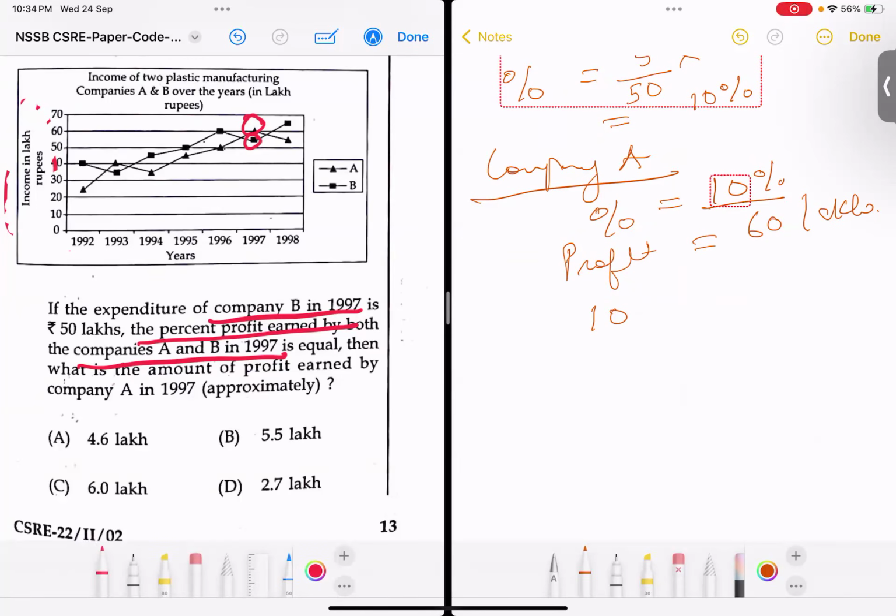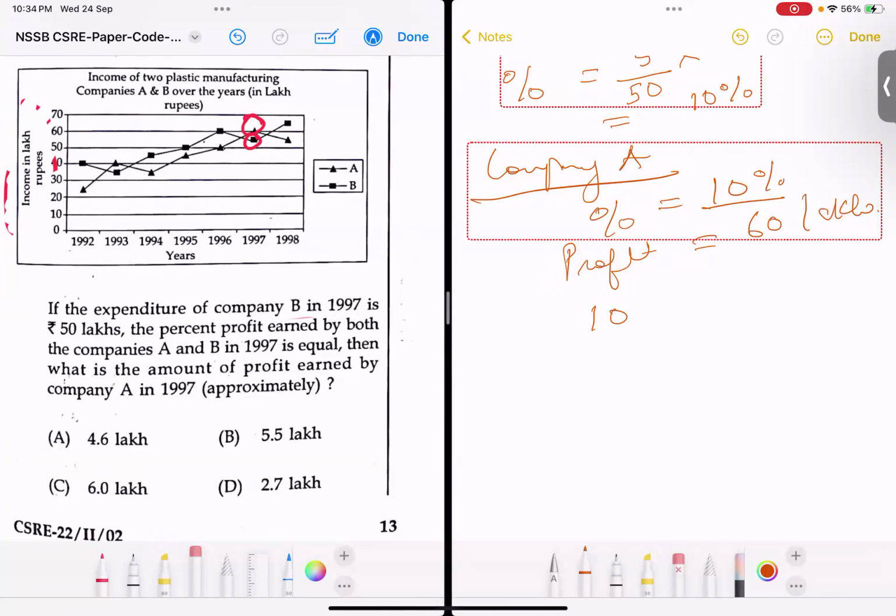Since the profit percent is the same, we have to find the amount of profit earned by company A in 1997. We know from the question itself that the profit percent is 10%.